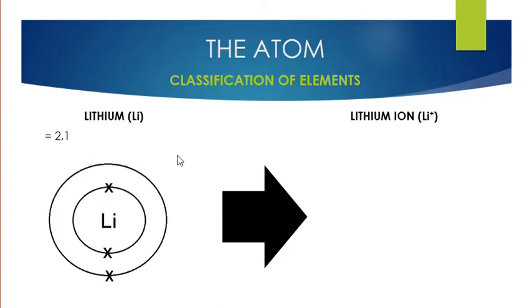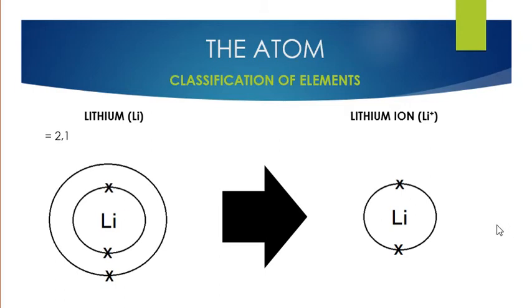But when lithium loses an electron, its electronic configuration changes because it loses the electron or electrons in the outermost shell. And so this will be lithium's ionic electronic configuration. This one is lithium's elemental electronic configuration, the electronic configuration for the element lithium. But after it gets ionized, it has the electronic configuration of an ion.